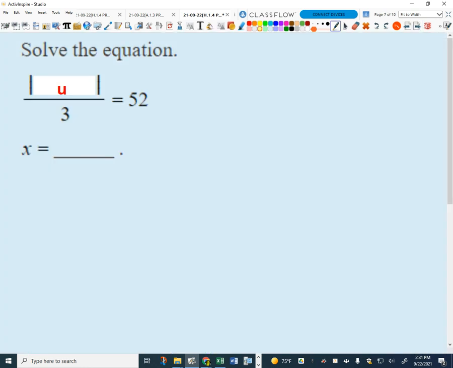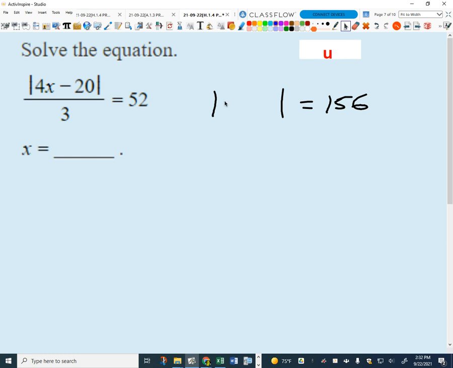How about that one? What do I have to do there? Multiply by 3 to isolate the absolute value. Okay, if I multiply by 3, I get the absolute value of whatever's inside is equal to 156. Well, what's inside?